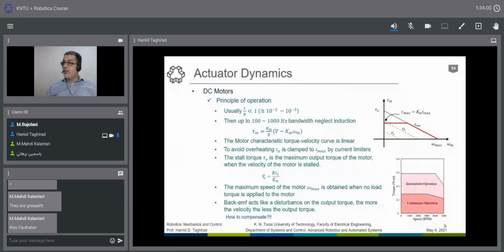And in a typical motor, this has come from one of our DC motors that is available in our lab. Usually we have a continuous operation and an intermittent operation. If you would like the motor to move always directly, you should keep not this part, maybe a bit lower than that.